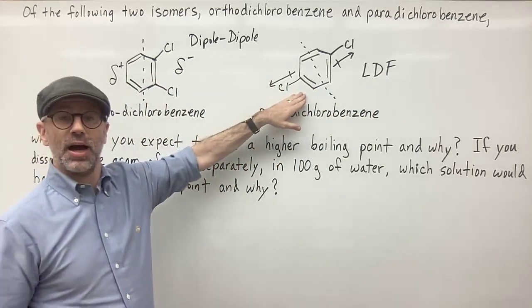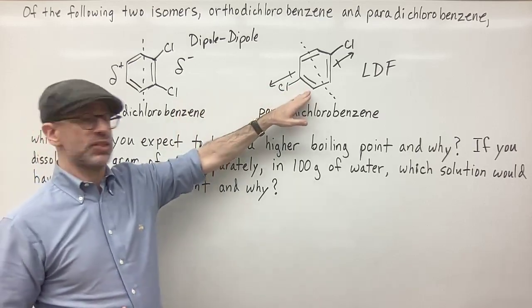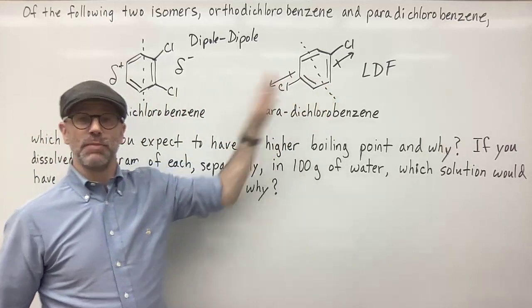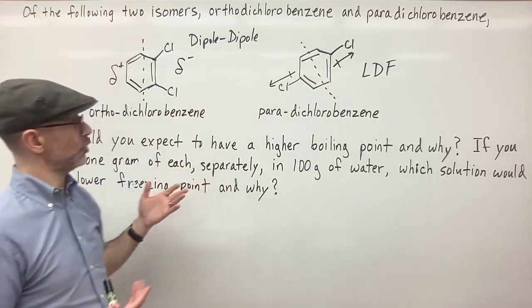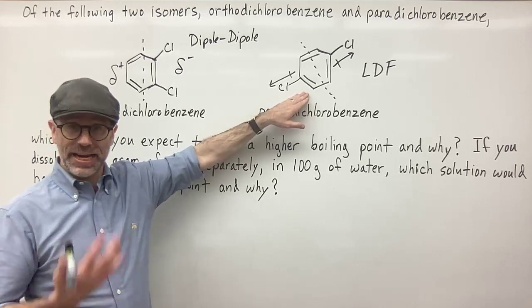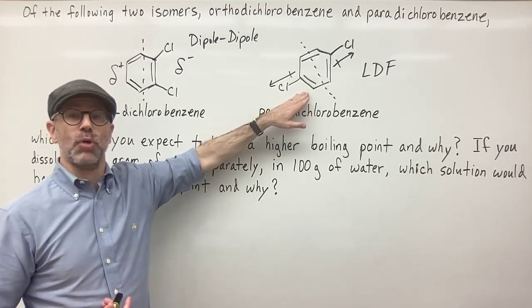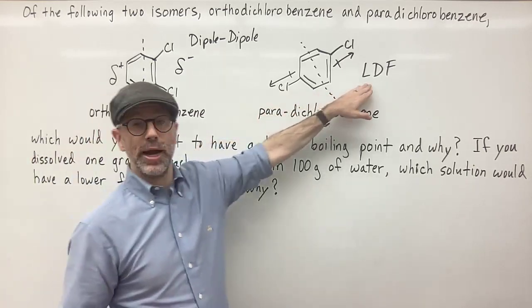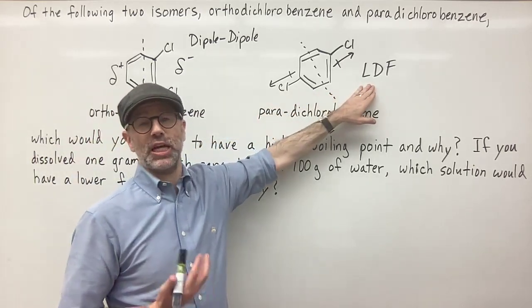Now, that's given that we have pretty much the same size molecule here, the same molecular mass. We know that as the size of a molecule gets bigger, as its molecular weight or mass gets larger, the strength of your LDF forces are going to get larger.